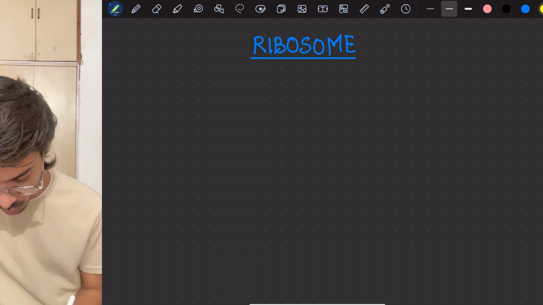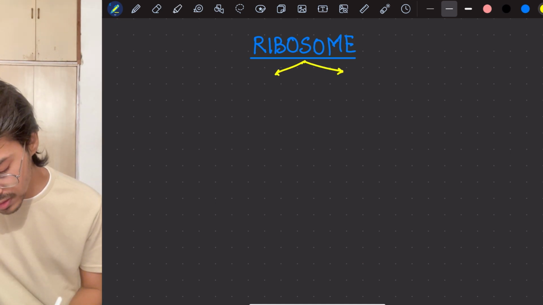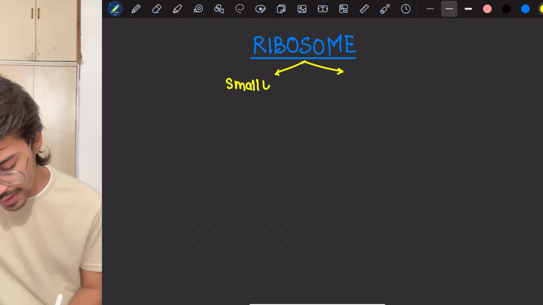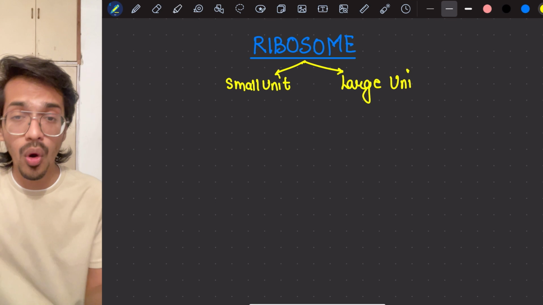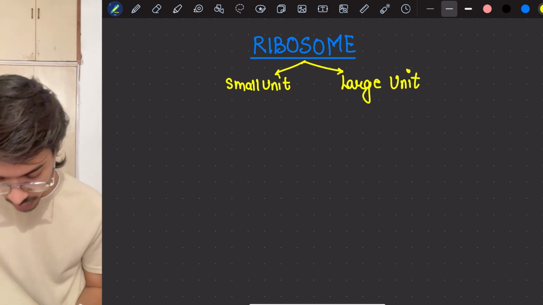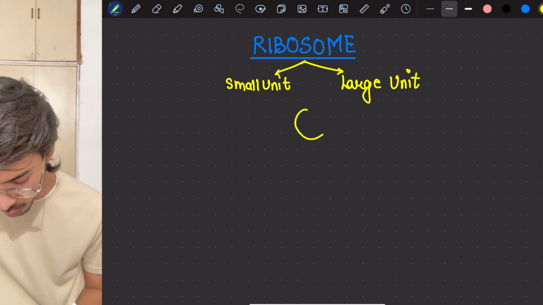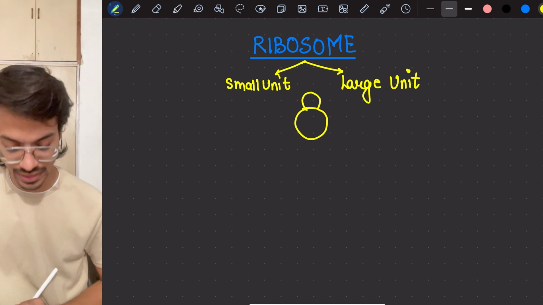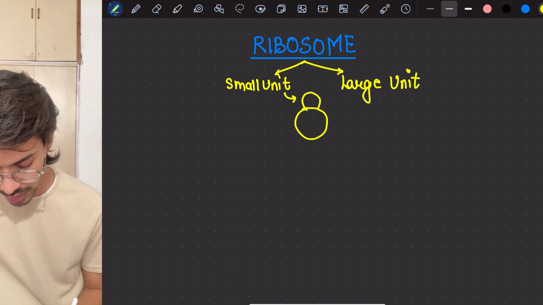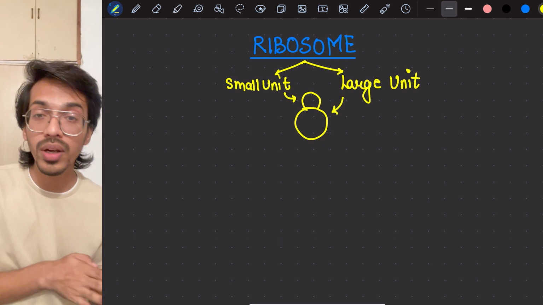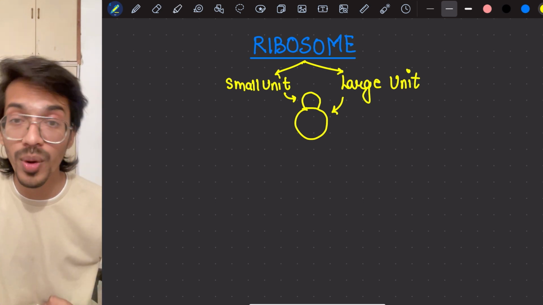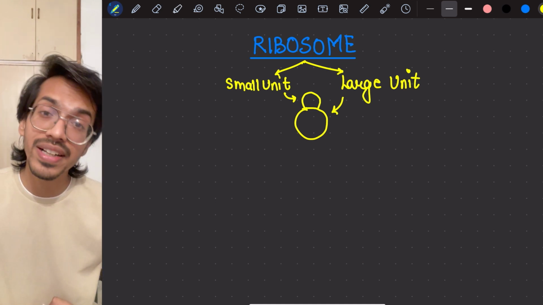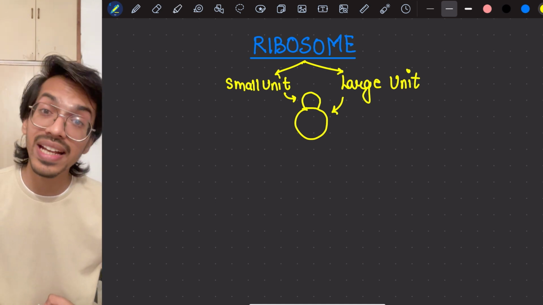Till now we know that the ribosome has two parts. What are the two parts? One is the small unit and the other is the large unit. They join together and form a single unit like this. In both prokaryotes and eukaryotes, this joined unit has a different weight: one is 70S and the other is 80S.